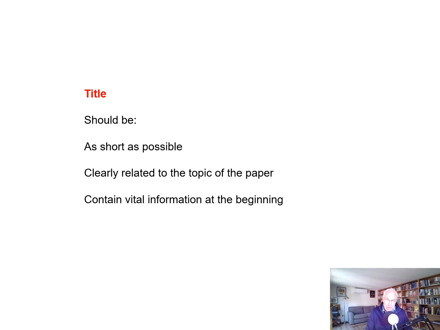And it's becoming clear because of internet searching and the way that we read on the internet and the way that things are found and come to the top of searches, that the title should contain the vital information at the beginning. So the aspect of the study that you think is most important should be at the beginning. I'll show you some examples here of what I mean.